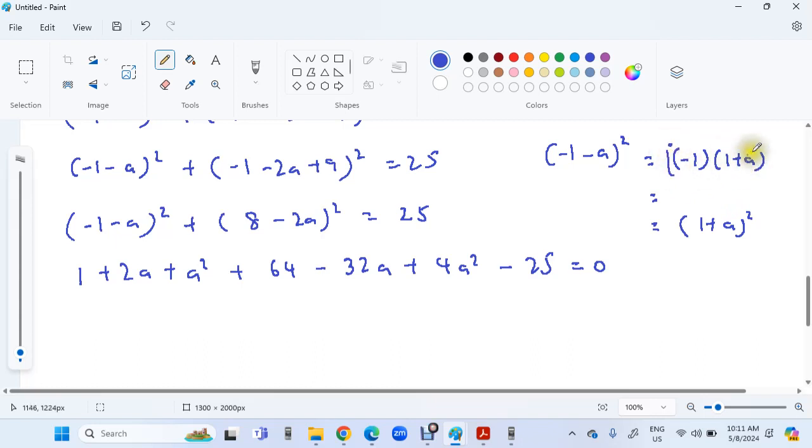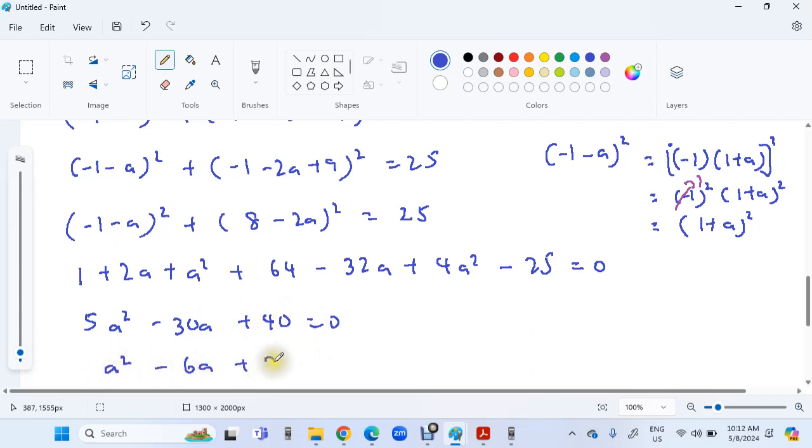I factorize the -1, then it becomes (-1) squared times (1 + a) squared. Then this one becomes 1. So it is (1 + a) squared. So I can just write 1 plus 2a plus a squared. Then it will become 5a squared minus 30a and then plus 40 equal to 0. Then we have a squared minus 6a plus 8 equal to 0.